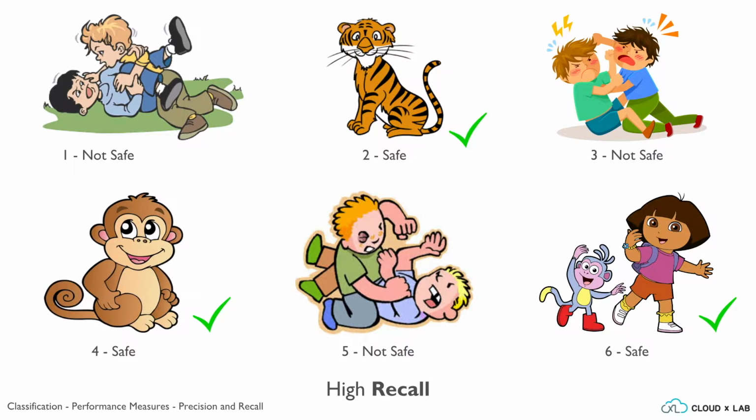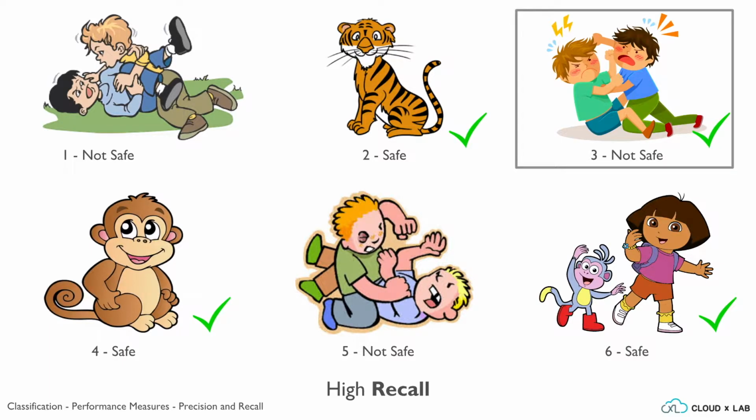High recall means the model will try to maximize the number of videos that are classified as safe. In high recall, there might be chances that the model will classify video 3 as safe for kids. This is because recall is about maximizing the ability to classify.